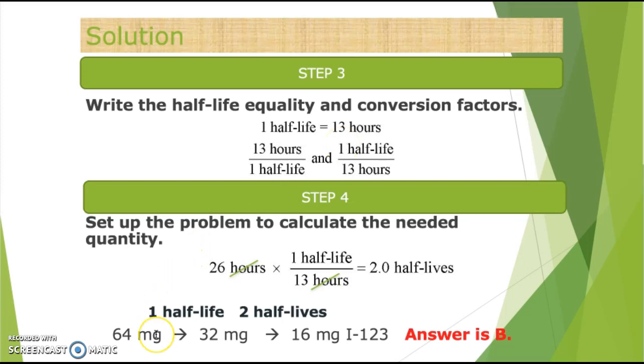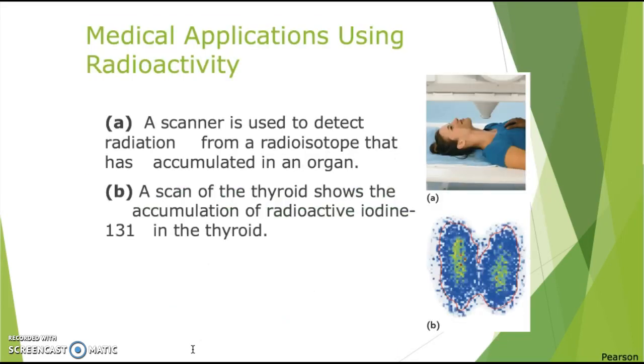So originally, if I'm starting with 64, after the first half-life, so after 13 hours, the amount will drop down to 32 milligrams. 32 milligrams have decayed, and I have 32 remaining. After another half-life, after another 13 hours, the 32 milligrams will decay down to 16 milligrams. So the correct answer is B.